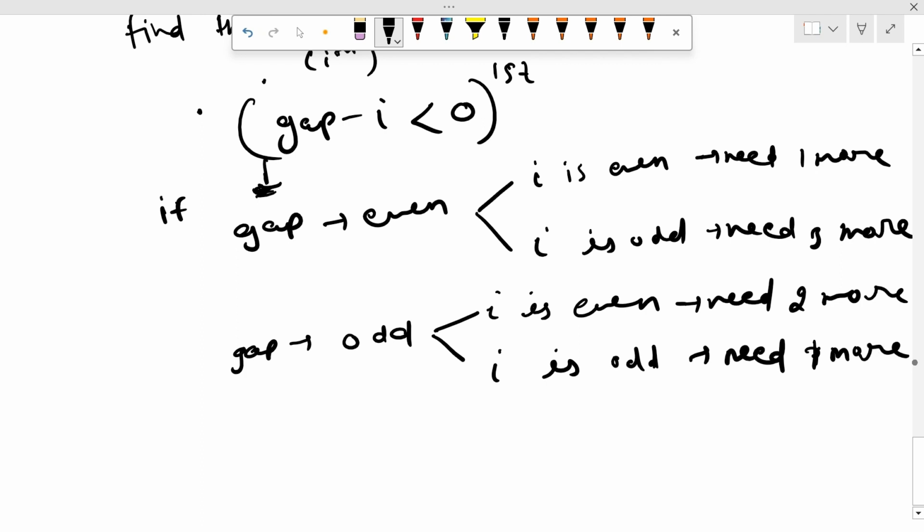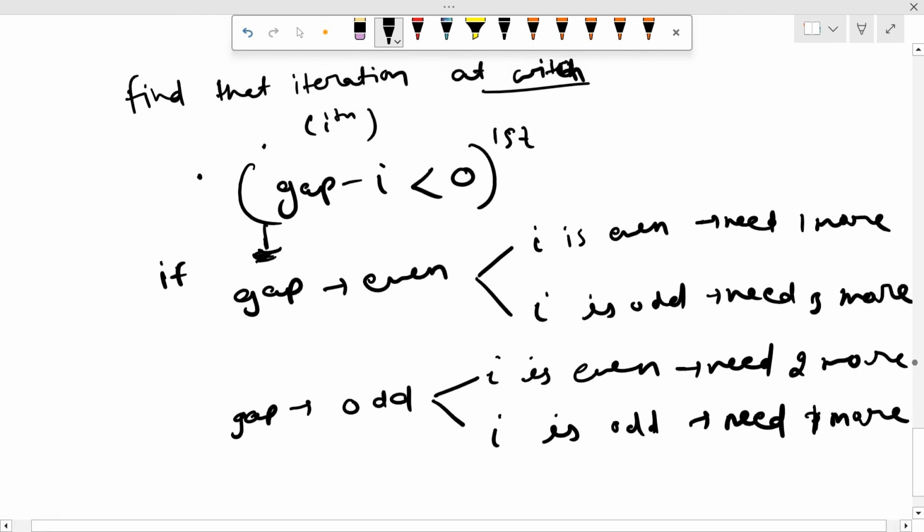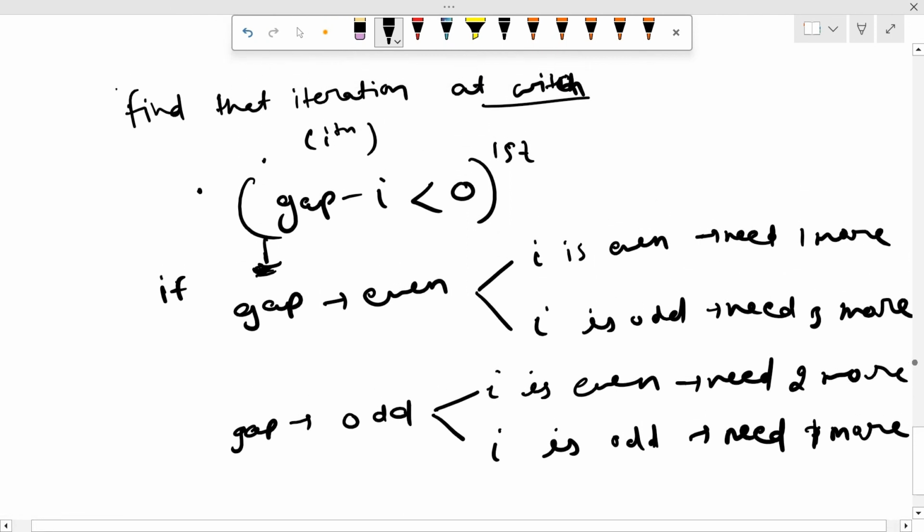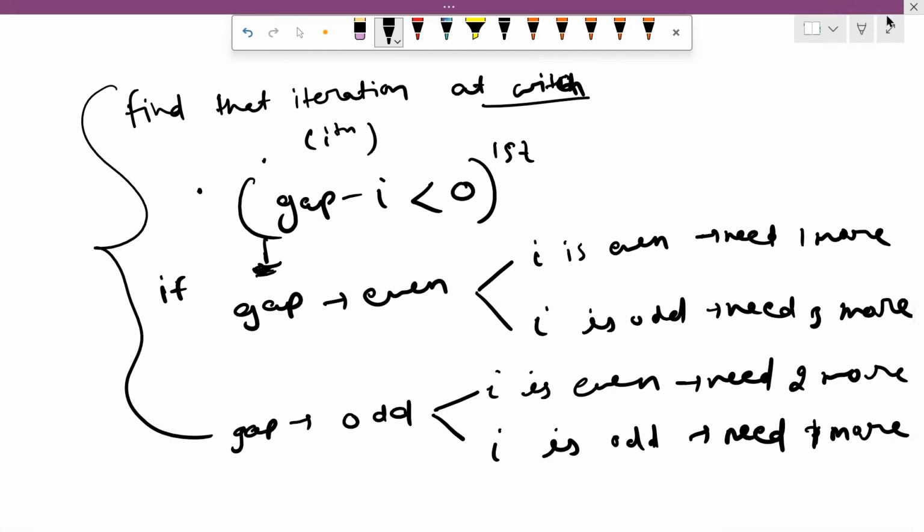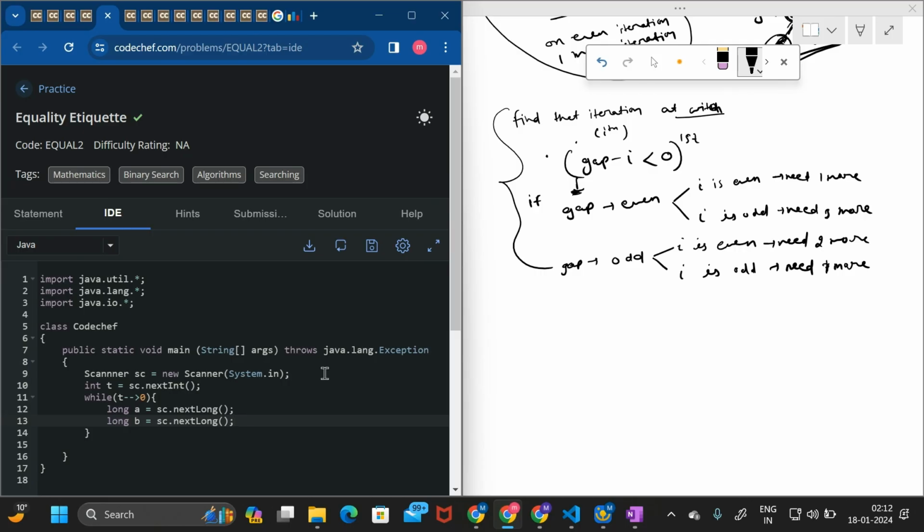Okay, so these are the three conditions which we have to follow.